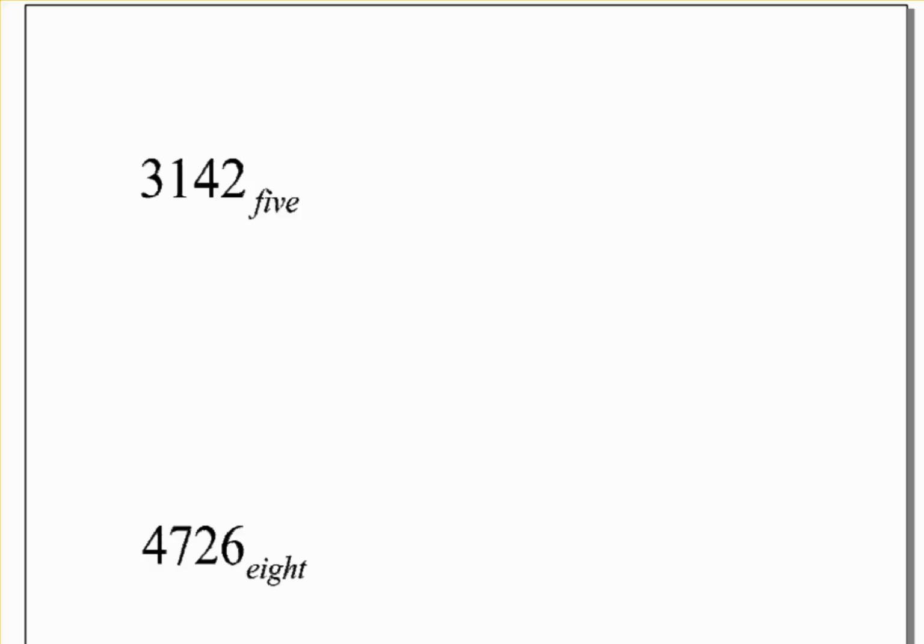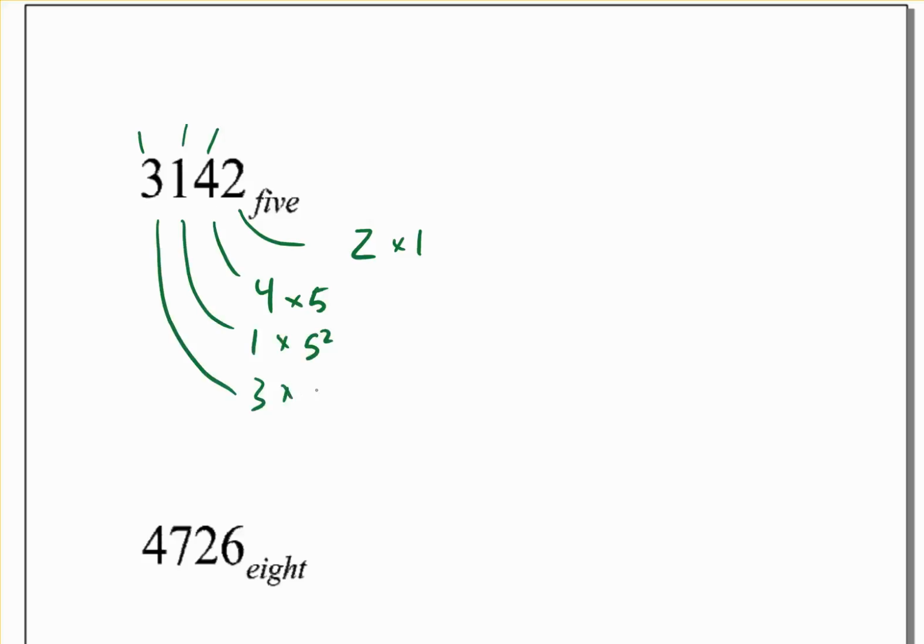These numbers represent places, and it's a 1's place, a 5's place, a 5 squared's place, and a 5 cubed place. So that's how we evaluate this number. We have 2 ones, 4 fives, 1 five squared, and 3 five cubeds.